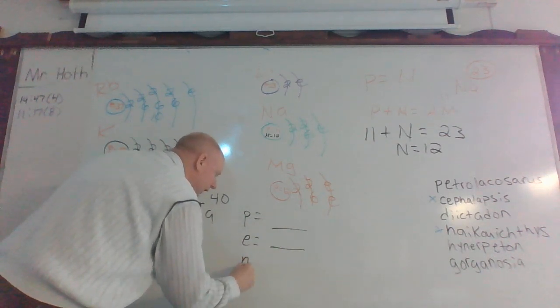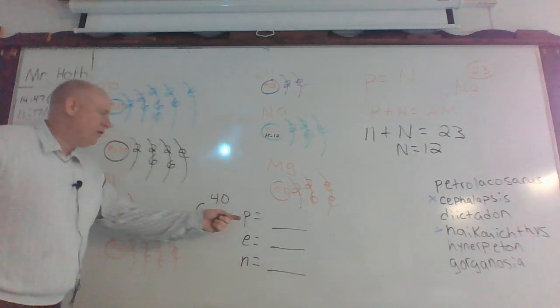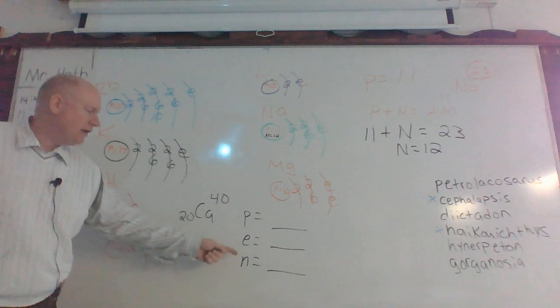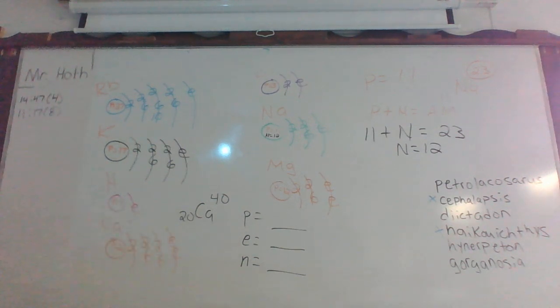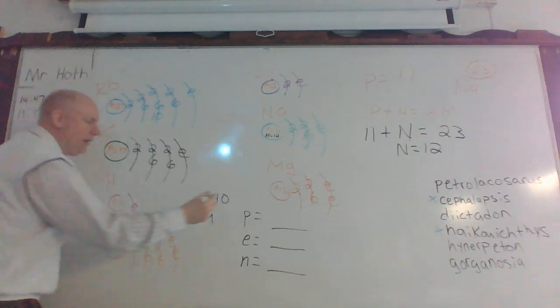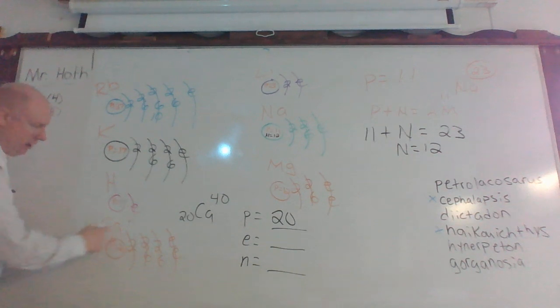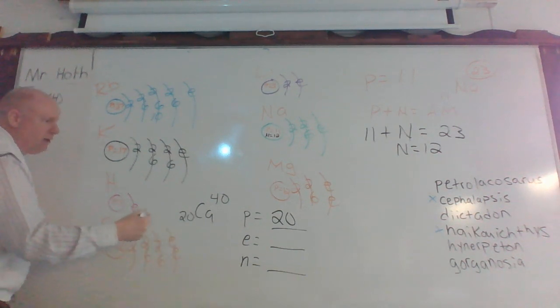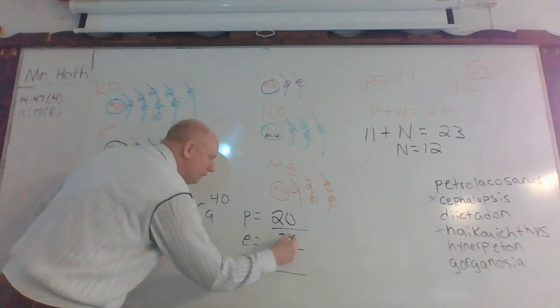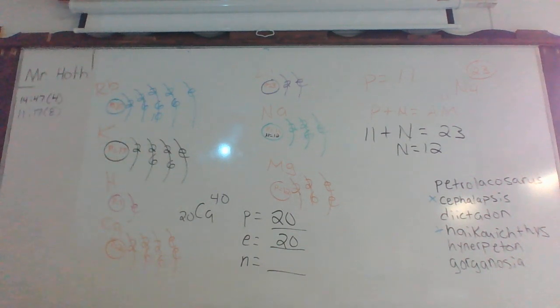So the blanks, well, I want to know the number of protons, the number of electrons, and the number of neutrons. 20 protons, you're right. You could do that just like that. Why are you right? Atomic number identifies it. There's 20 in there. You can count all these numbers and letters. There's 20 electrons. And how do we get the number of neutrons?